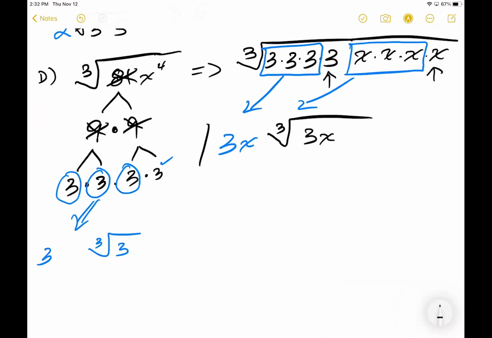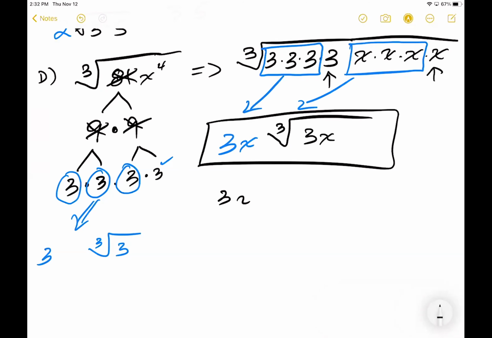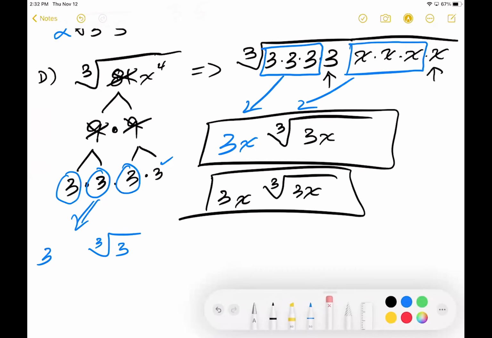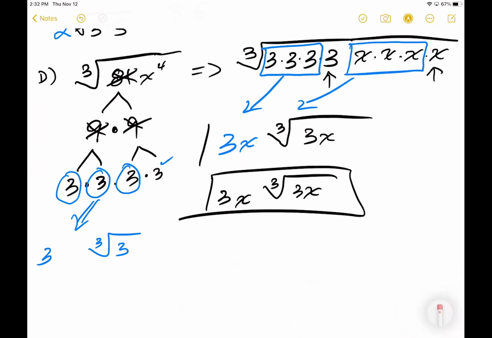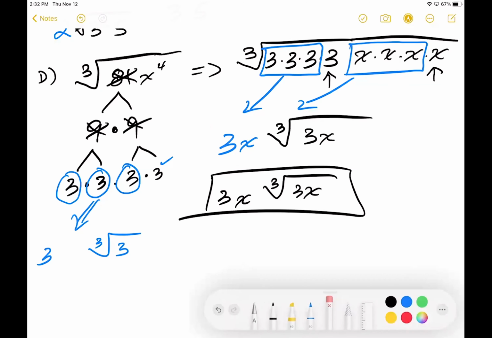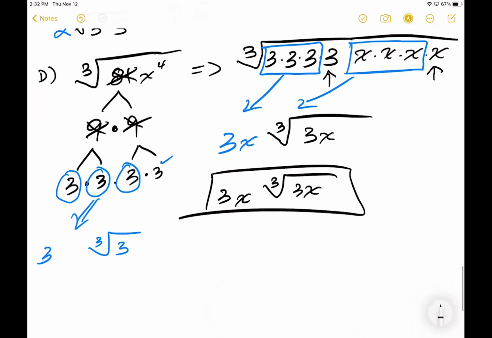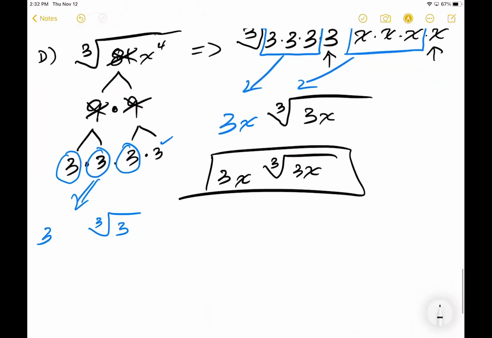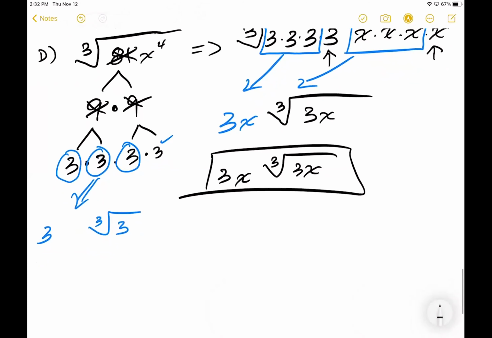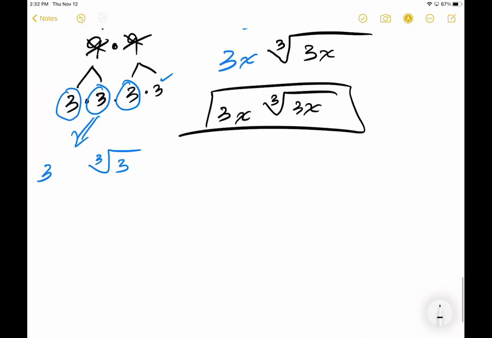And this is our answer, 3x times the cube root of 3x. This brings us back to the item we did prior, in the sense of how many remainders we have. Okay, so all of them together, where the item is not a perfect cube.